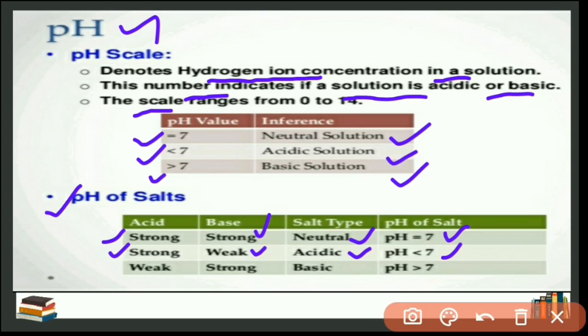When we add a weak acid and a strong base, the salt nature is basic, because the strong base dominates, so its pH value is greater than 7. So the salt nature depends upon the strong acid and base, and its pH value depends on them.